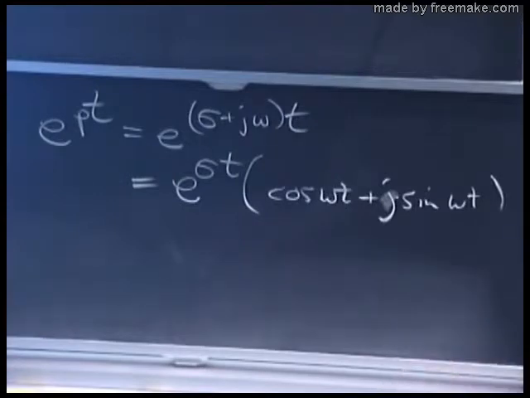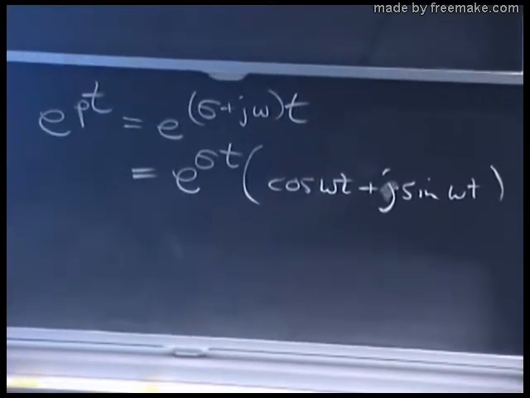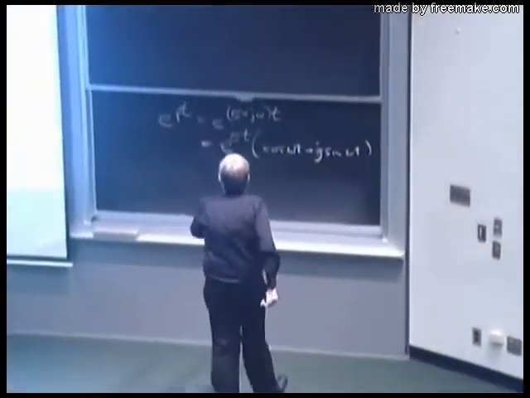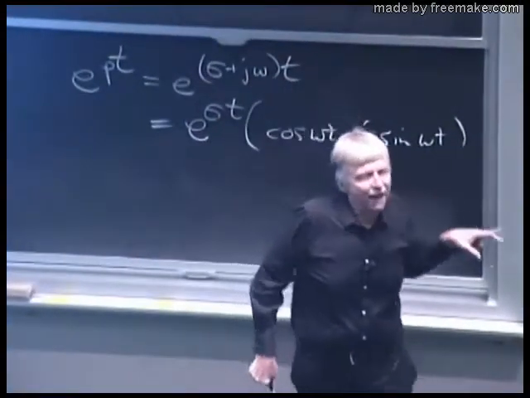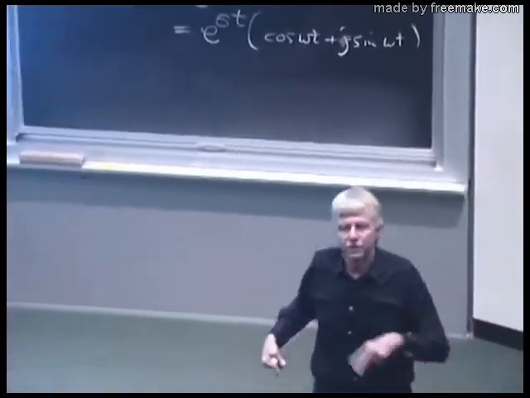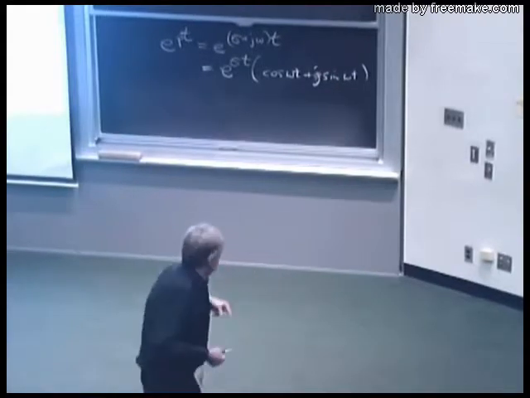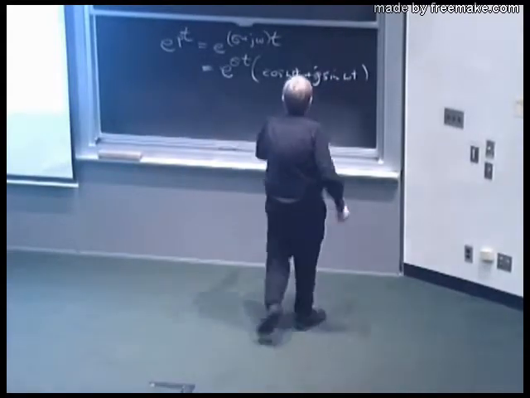The point of writing that out is that I hope it's clear that convergence of the integral is going to depend critically on the real part. The convergence is going to be determined by this. This is the thing that's affecting the magnitude. That's the thing that's getting smaller or bigger as I go to infinity or minus infinity. The cosine term, the sine term, those are oscillating.